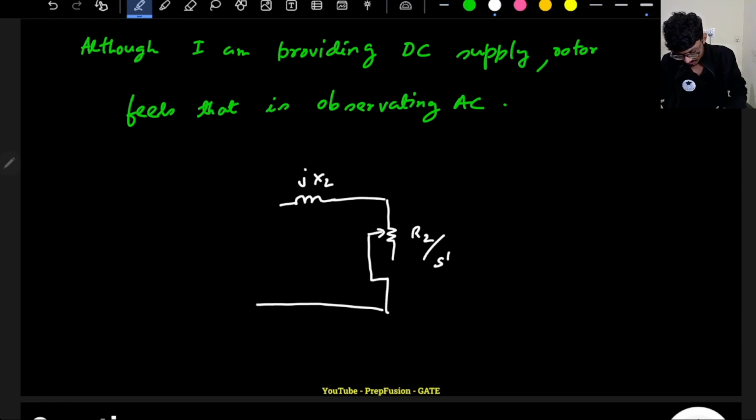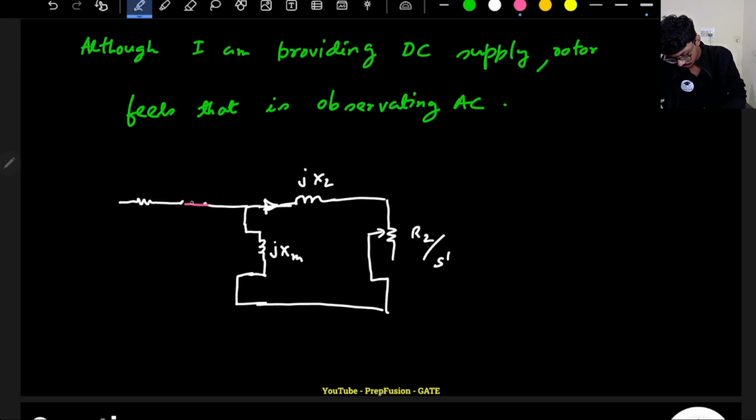So this will be the equivalent circuit, and the rotor will still feel that it has a magnetizing reactance. I'm ignoring the core resistance, air gap resistance, basically jXM. And on the stator side, the reactance will be short circuited. Why? Because on the stator side I am providing DC supply. So on the stator side X1 will be 0 because of DC supply.